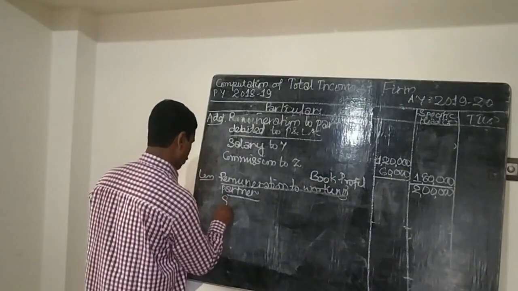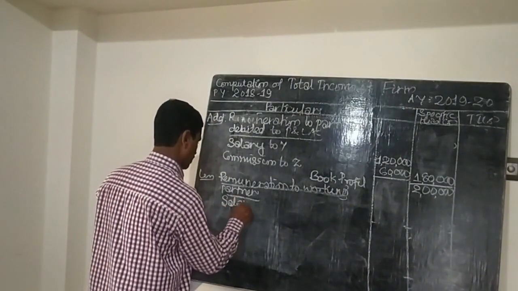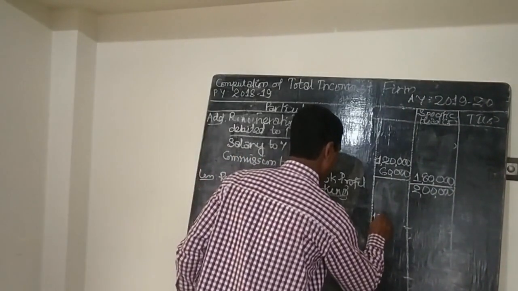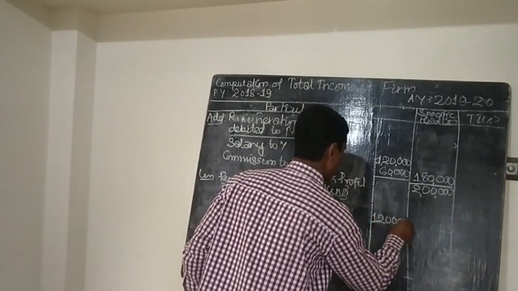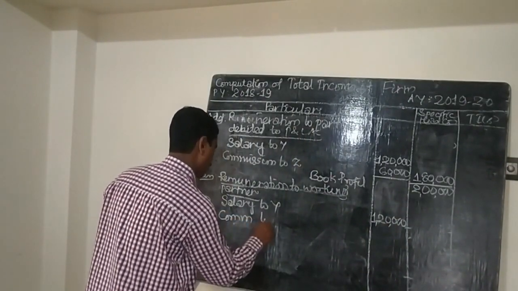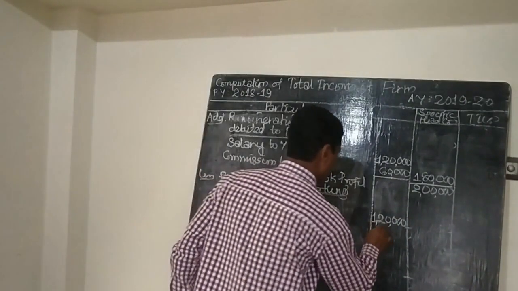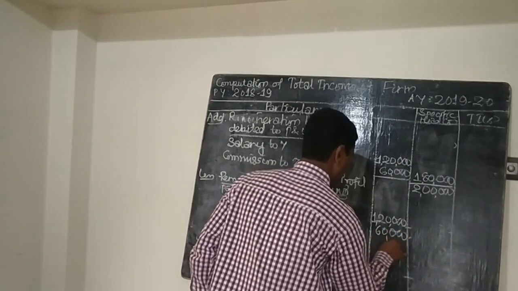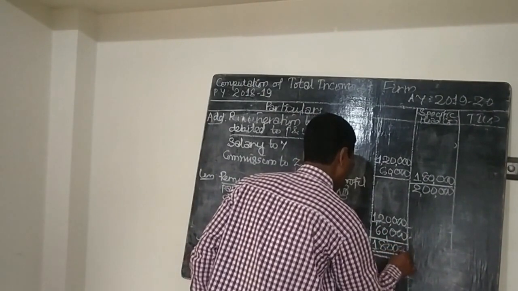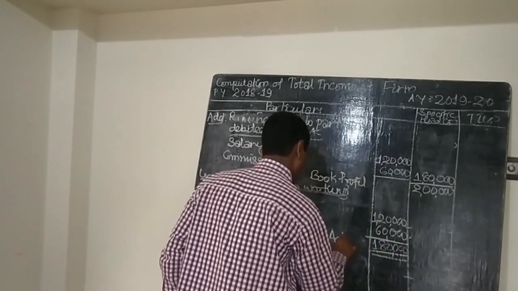So salary to Y 1,20,000. We should rewrite the same thing what we have written here. Then commission to Z, it is given as 60,000. So this is what we get here, 1,80,000. This is actual remuneration.